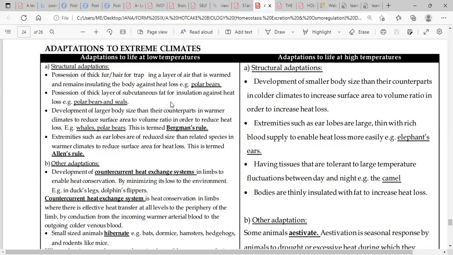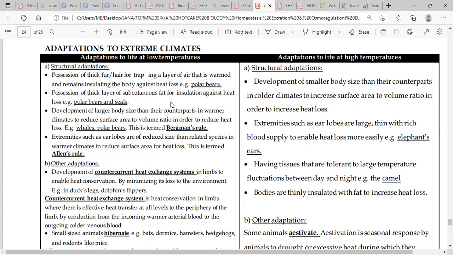And that one is Bergmann's law: development of larger body size than their counterparts in warm climates to reduce surface area to volume ratio. As you increase the size, you are reducing the surface area to volume ratio for heat loss. Then we also have a reduction of the body extremities, such as the earlobes.